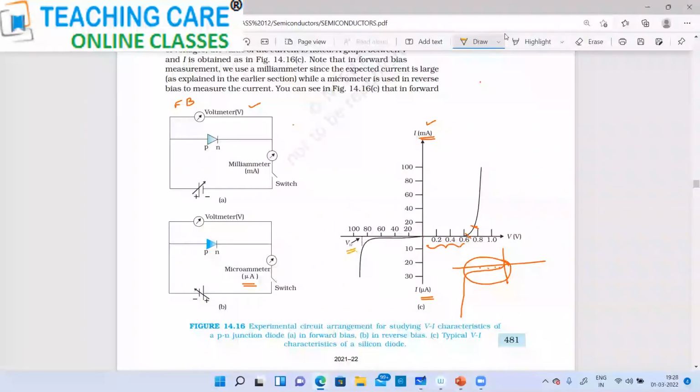Why does the current increase? It crosses the breakdown voltage. If the breakdown voltage is this, after that the current increases rapidly. At the breakdown voltage, the minority carriers flow and the drift current is more.